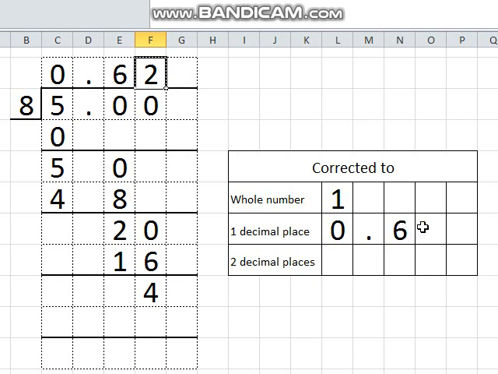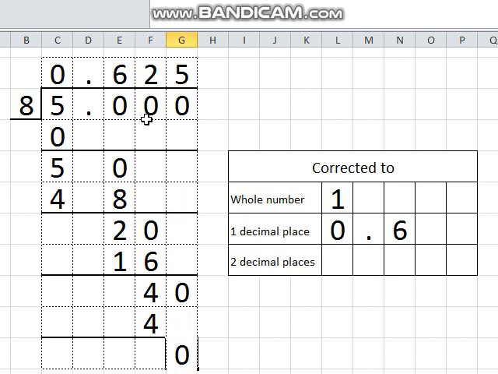Now, if you want to continue to have the answer corrected to 2 decimal places, then we need to continue. Let's move forward again. Since there is nothing here, we need the help of the invisible 0 here, and the 0 also appears here. Now 40 divided by 8, the result is 5, and this becomes 40.